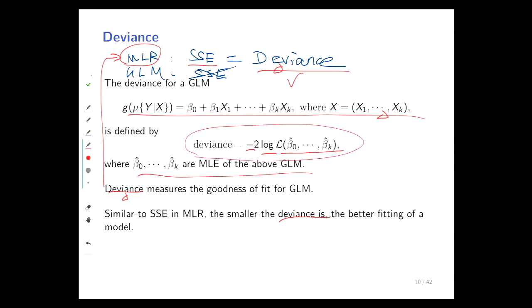So deviance equals to 2 times the log likelihood value. So if we can write down the likelihood, and also we try to derive the likelihood for the binary logistic regression model, similarly, here we can try to derive the likelihood for the nominal response regression model, but it's actually more involved.